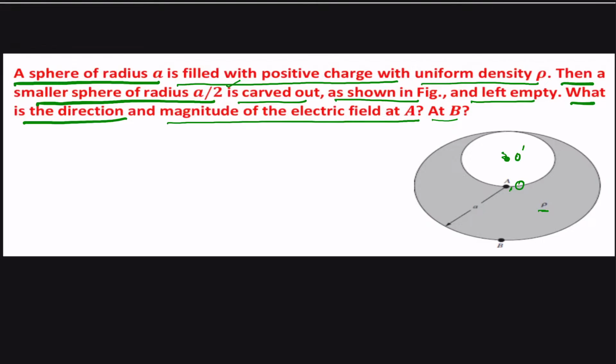Okay. And we are going to assume that the portion which we removed is having a charge density of minus rho. And the outer one is our plus rho. Okay.